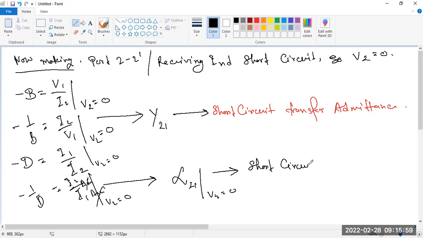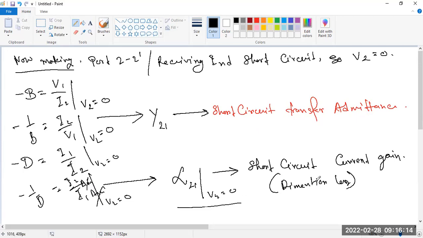So this is all about the ABCD parameters.